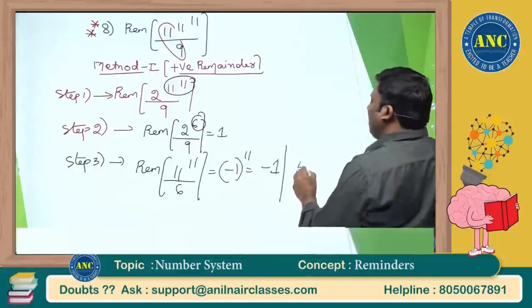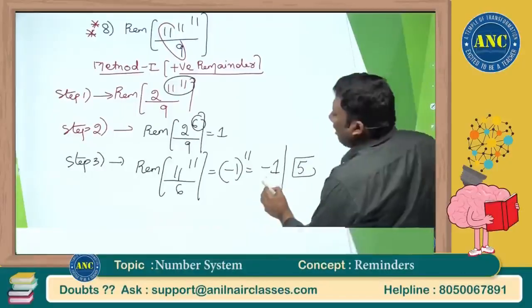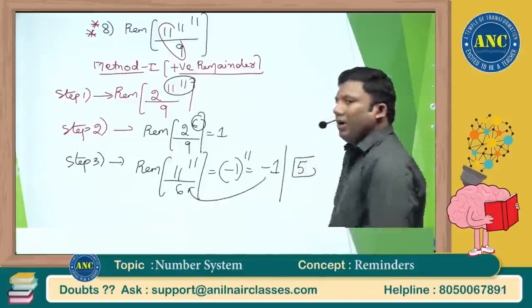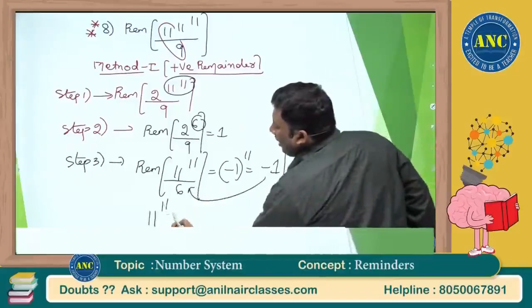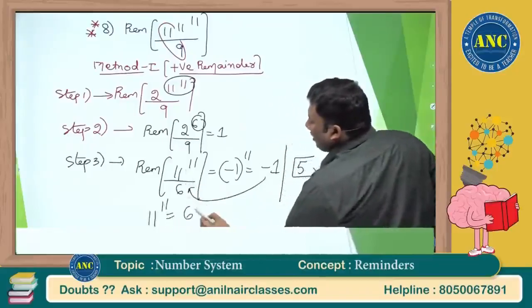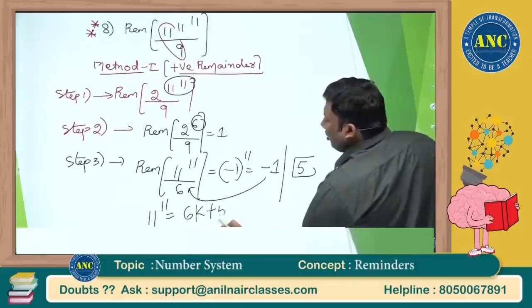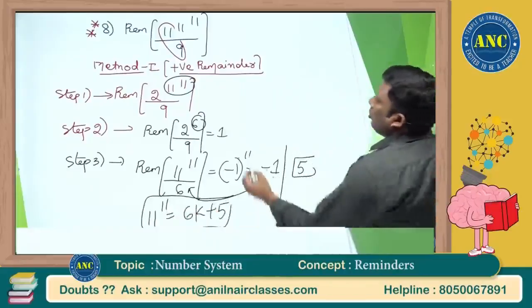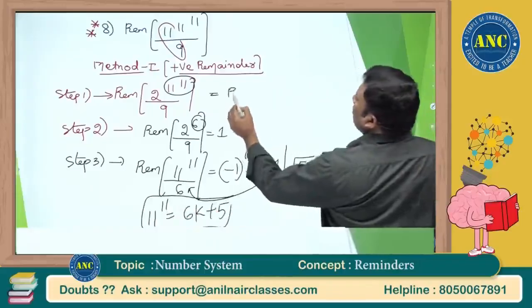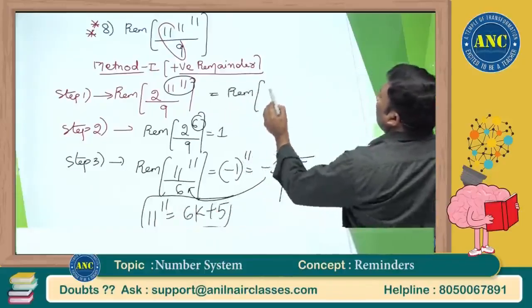If there is a negative remainder, add the denominator to get the positive remainder. 11 power 11, dividend equals divisor into quotient plus remainder. So the remainder is 1.